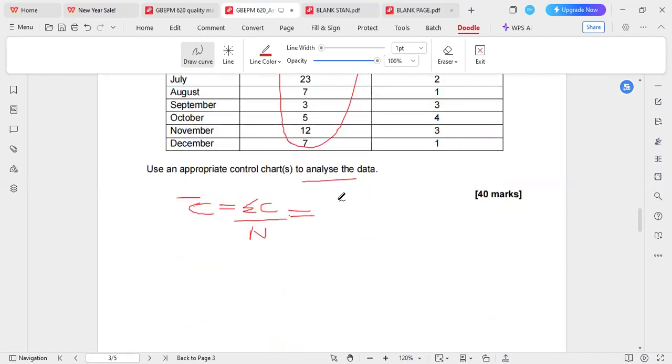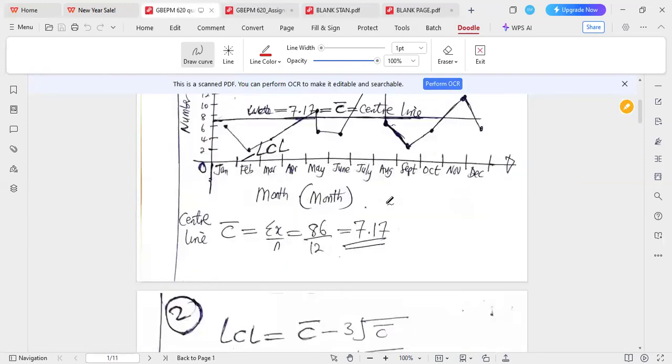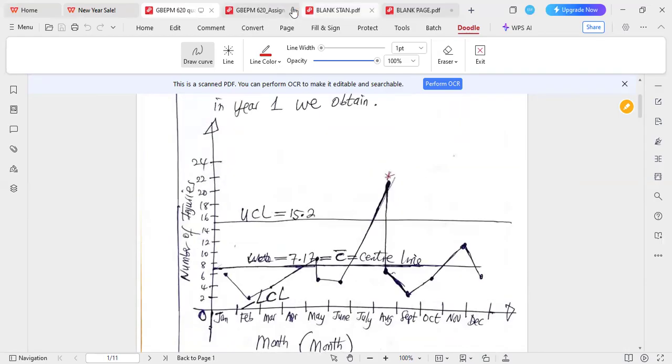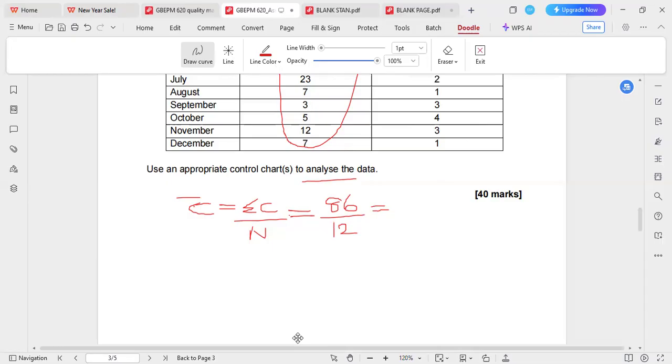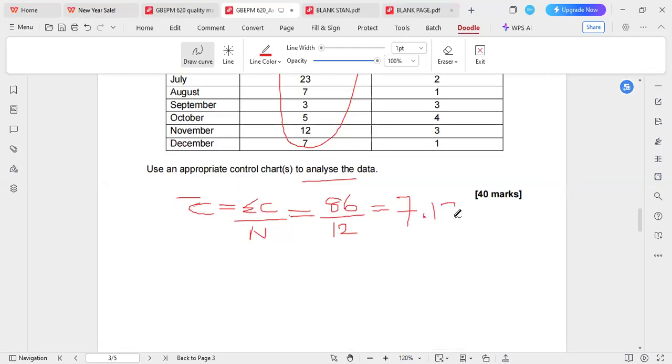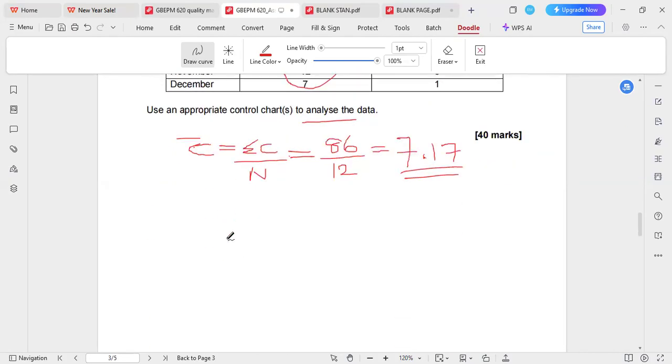So it's 86. Then 86 divided by 12 is 7.17. So 7.17 is the number of injuries.